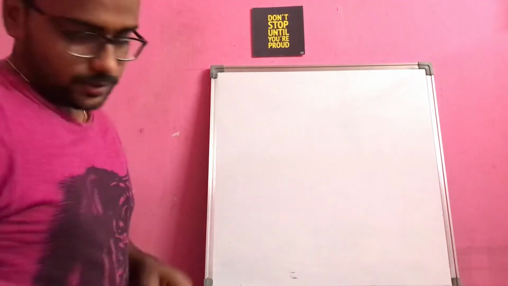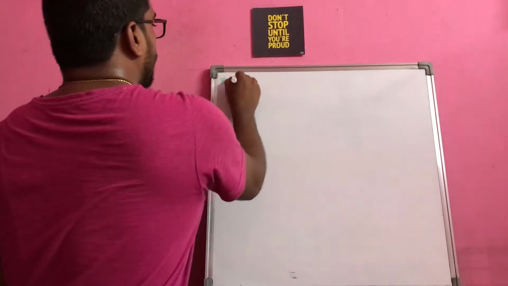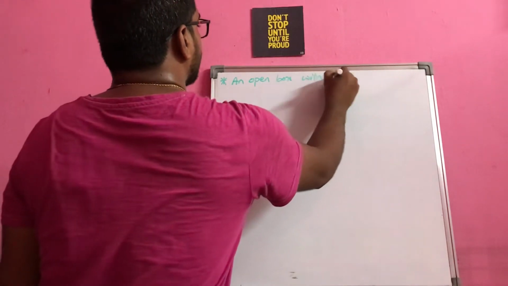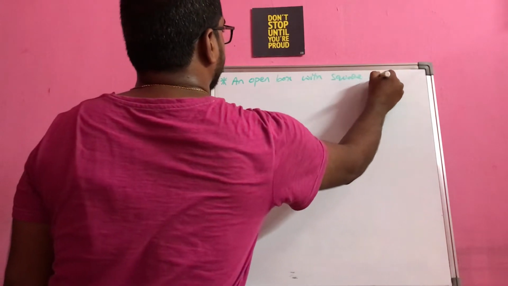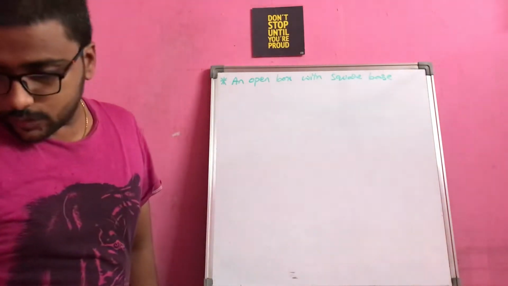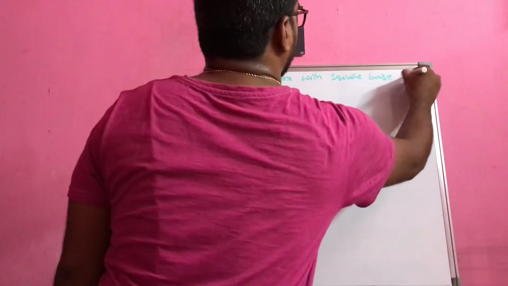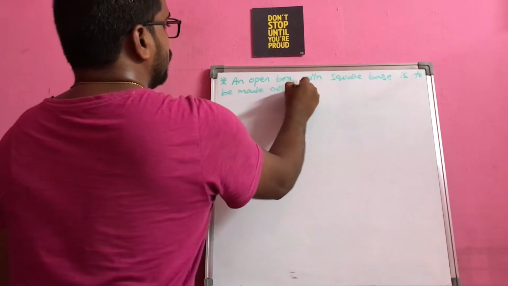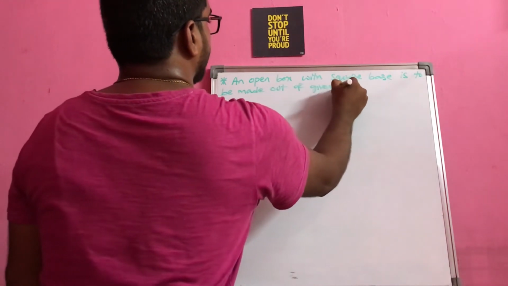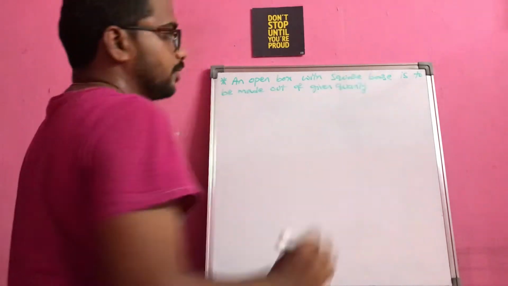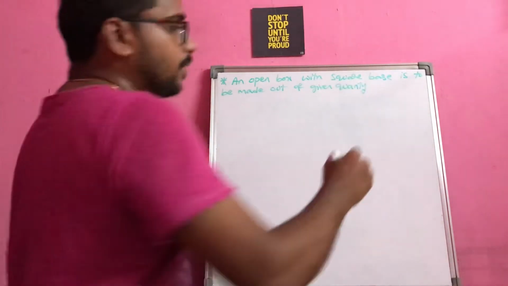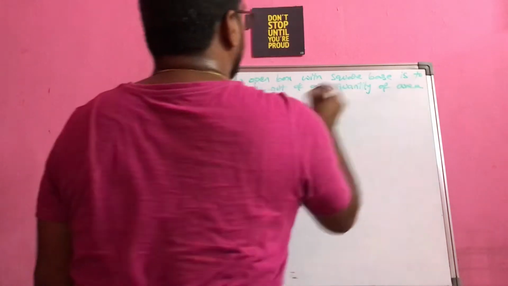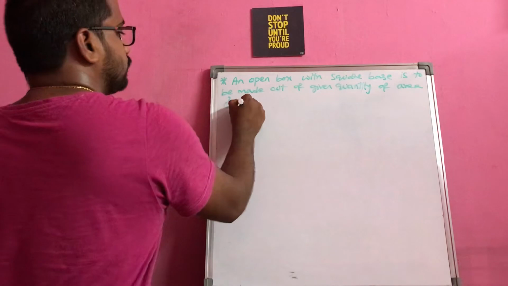Now let us see this question. An open box with square base is to be made out of given quantity of cardboard of area C square units.